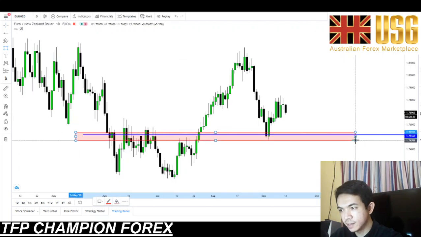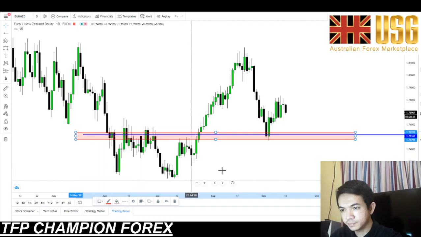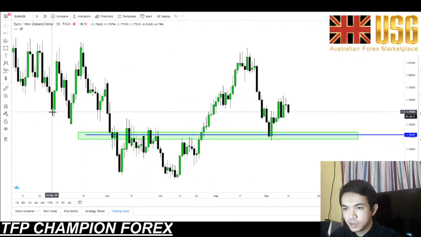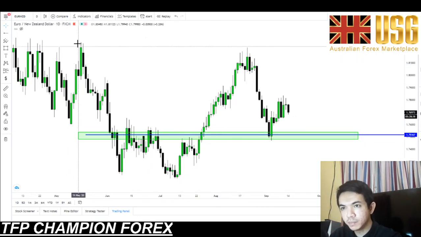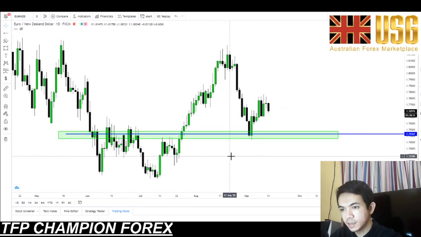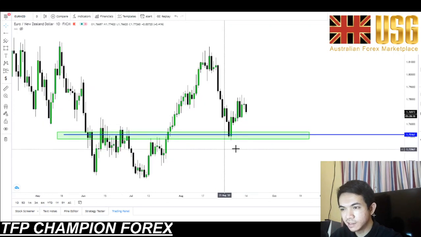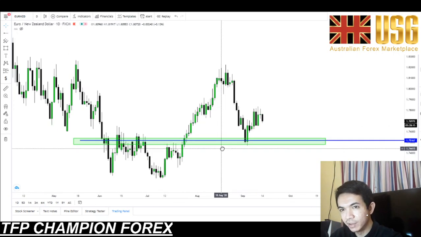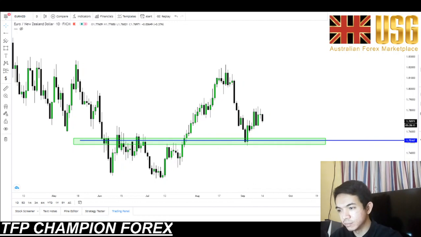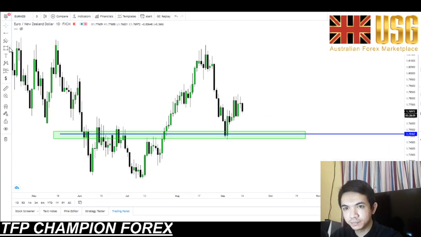All right, why is that? It's plain and simple. Previous resistance got broken, becomes what? Becomes new support. So I know that I am at a support level on a daily time frame. So again, what do I find?